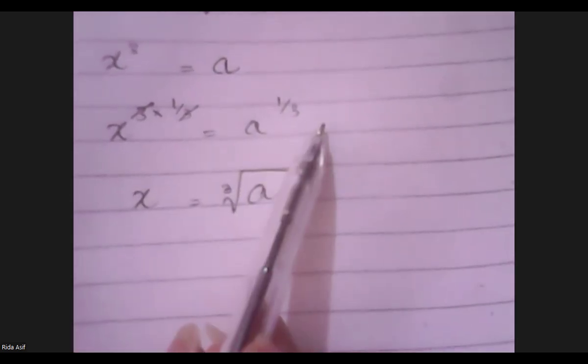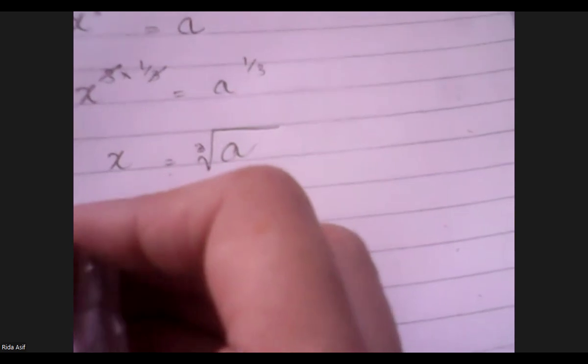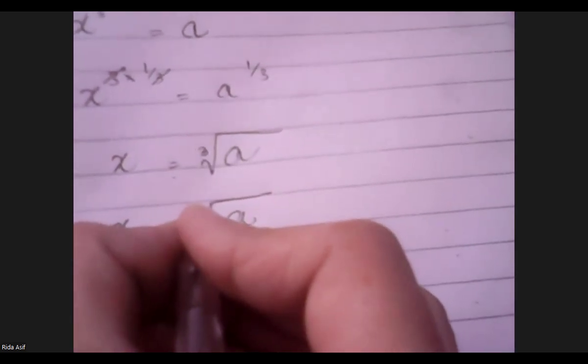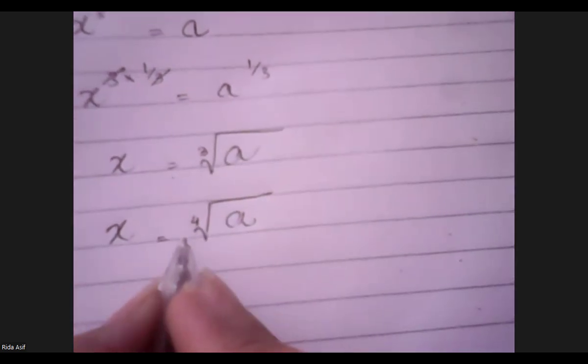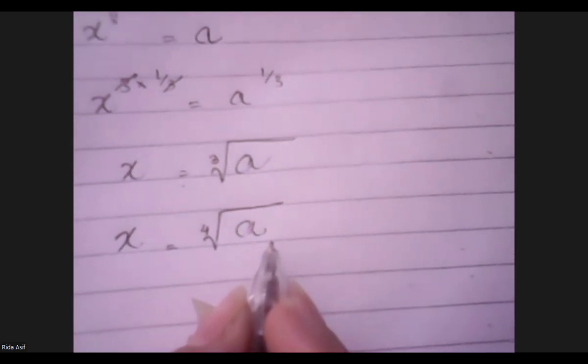In the same way, if we are having power 4, we will multiply both sides with power 1 over 4 and we will get x is equal to the radical sign of a with the fourth root of a, right? Fourth root of a. This is a cube root of a. This is a square root of a. This is a fourth root of a.